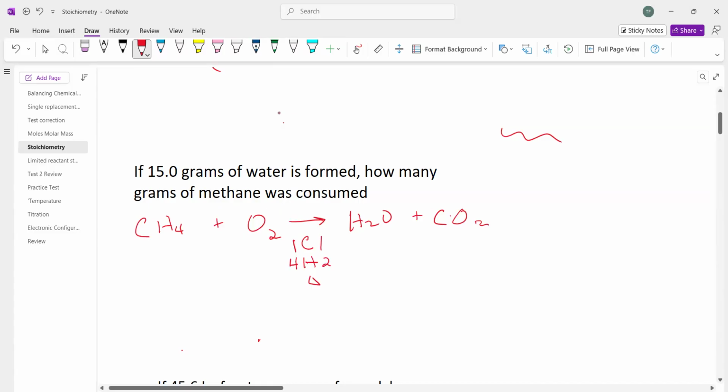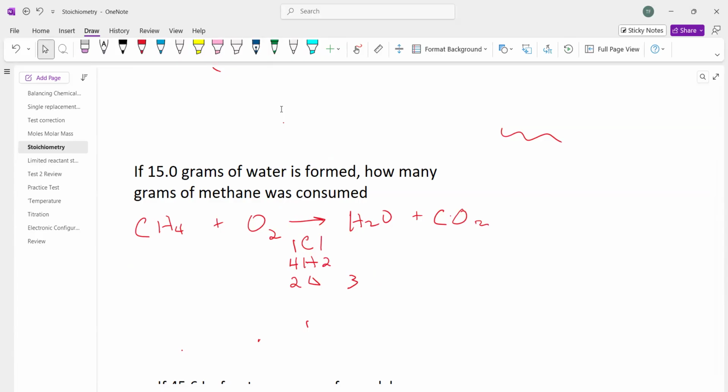And oxygens 2 and 3. Okay, is it balanced? No, we need to balance it.